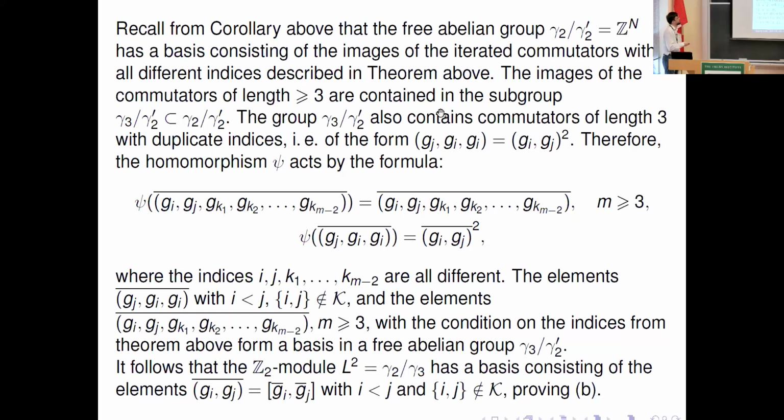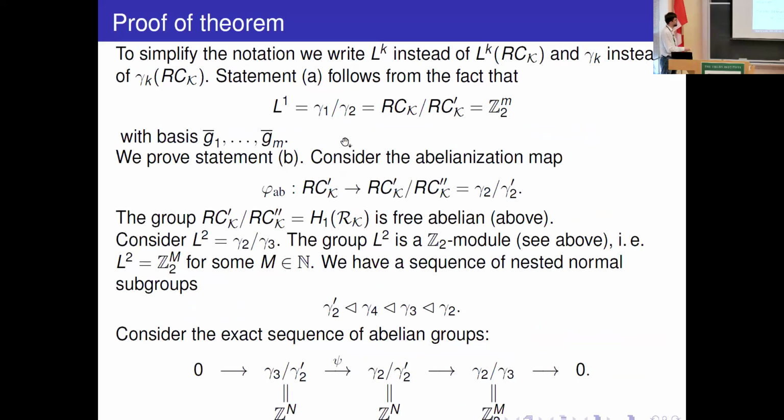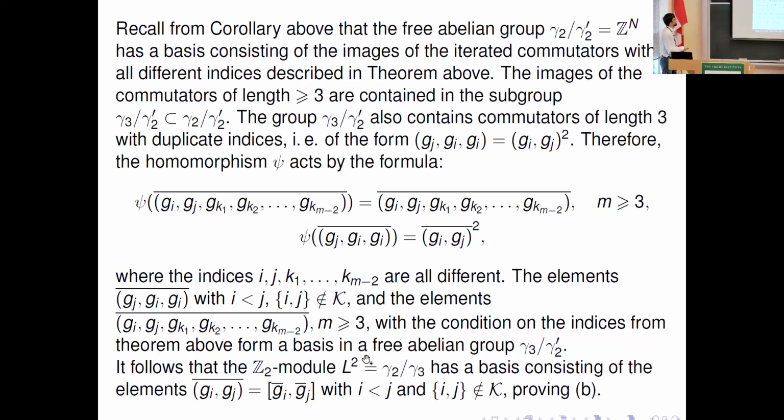Therefore, the homomorphism psi acts by this formula, where the indices are different elements and these elements satisfy the condition on the indices from the theorem above. It follows that the Z2 module L2 has a basis consisting of the elements like this with i less than j. And this proves B.